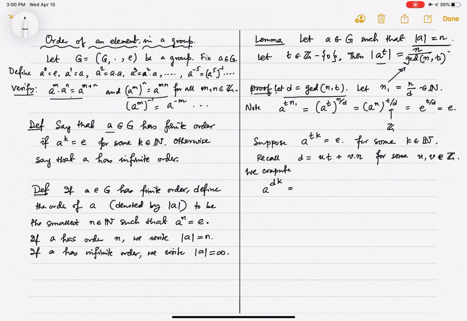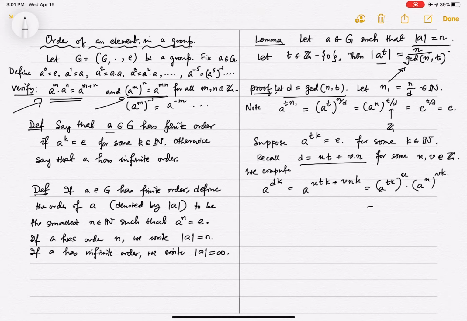a to the power d k is a to the power u t k plus v n k. All this is in the exponent, and that's just because d is equal to this combination. That's the same as a to the power t k to the u times a to the power n to the v k, by our exponentiation laws.